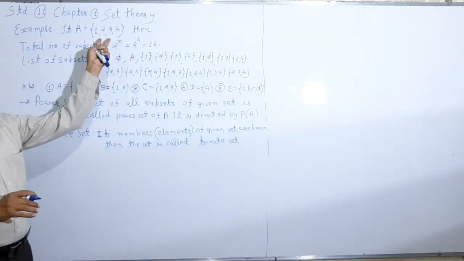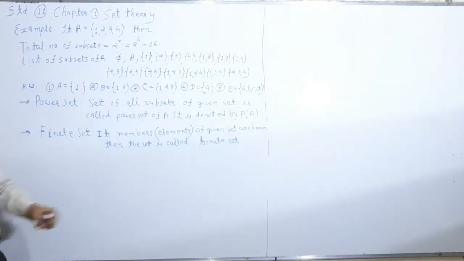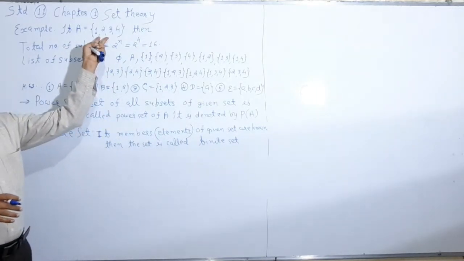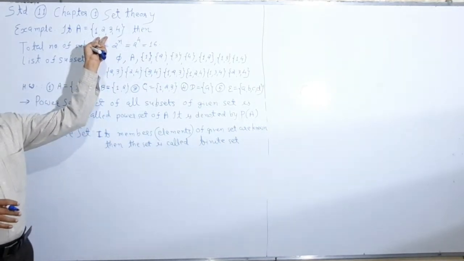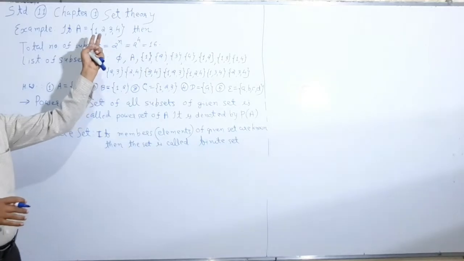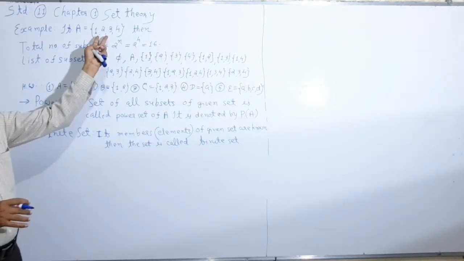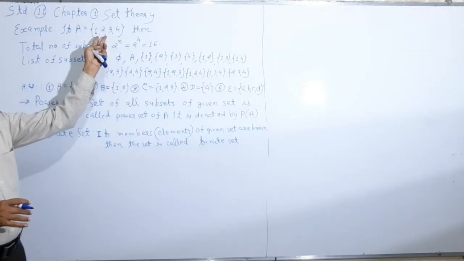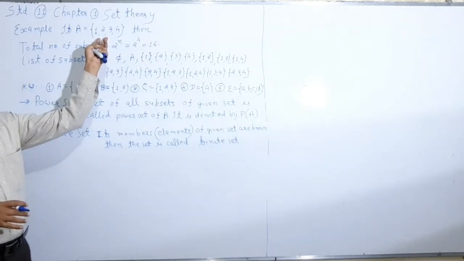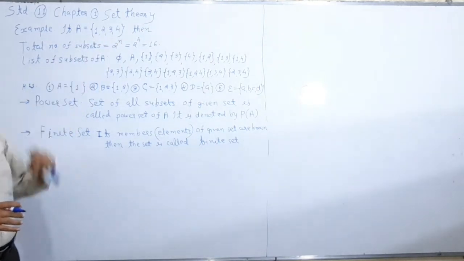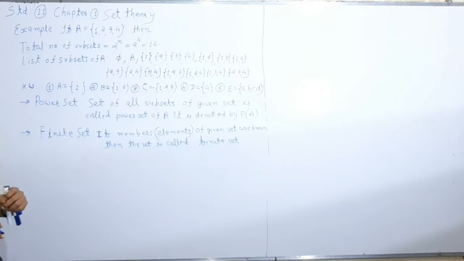Here the set A is equal to {1, 2, 3, 4}. The members of this set are known. There are 4 members in this set, and the members of this set are countable. So this set is called finite set.